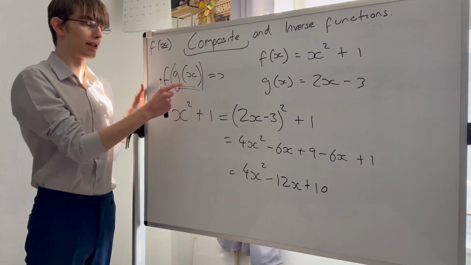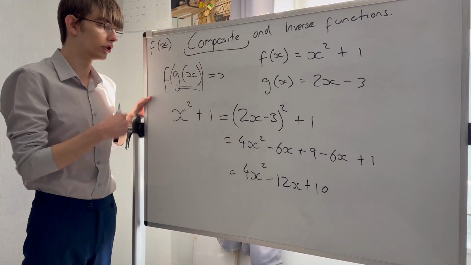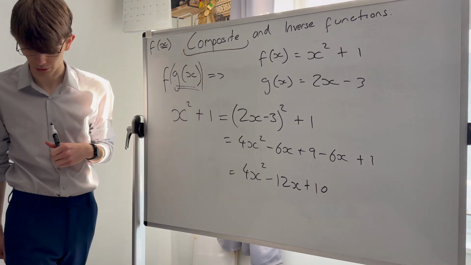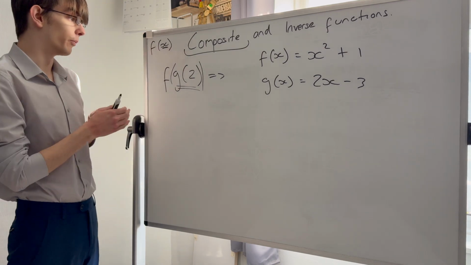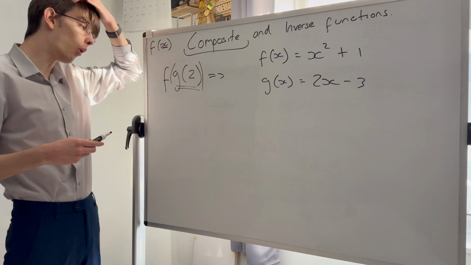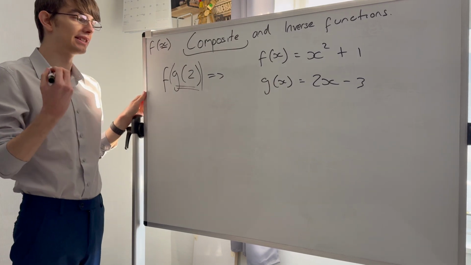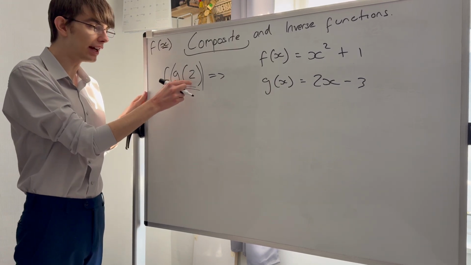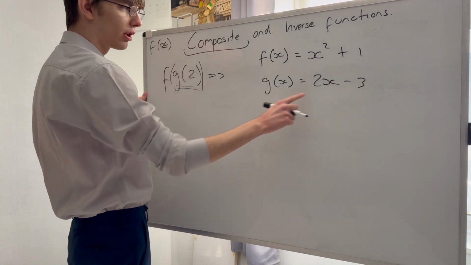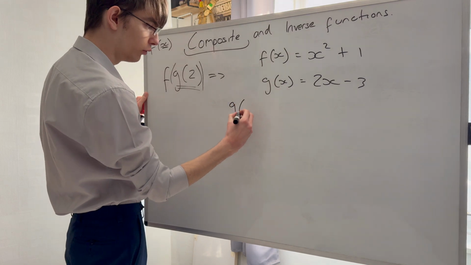If we had an extra number in here, so let's say, that's my rubber, found it. So if I replace it with a number, then quite simply, I'm doing it step by step. I'm taking my g of x, which is my new input, and I am changing my g of x to be g of 2.